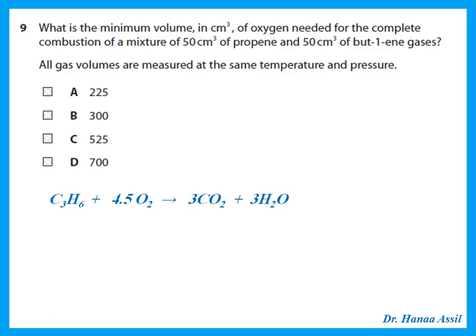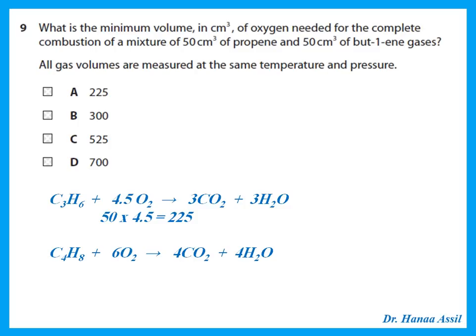And that means 50. Remember that these relationships apply to moles and they apply to volumes of gases. So if I say I have 50 centimeter cubed of propene, then I need 50 times 4.5 of oxygen. So I need 225 centimeter cubed of oxygen for propene.